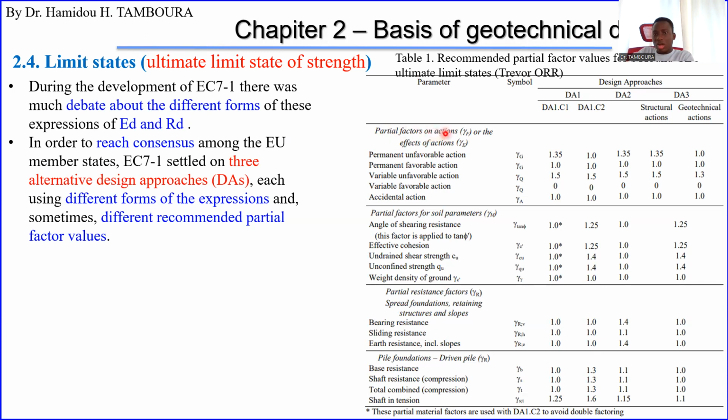So partial factor on action, this is gamma F, or on the effect of the action, gamma E. For example, if you have a permanent and unfavorable action, we call it gamma G. Unfavorable means an action that is not contributing to the stabilization of the structure.